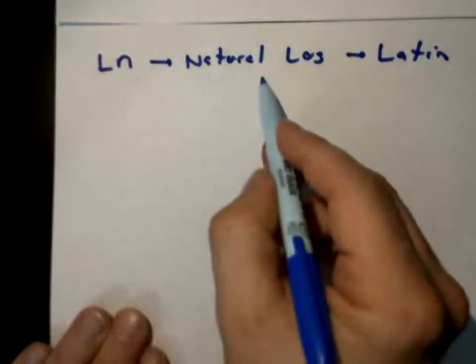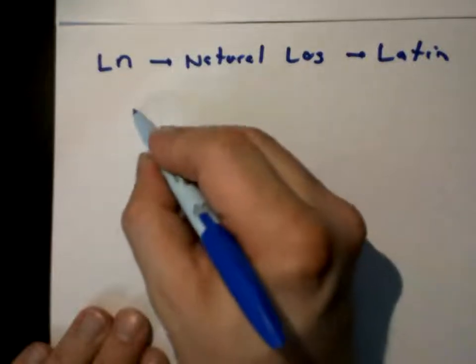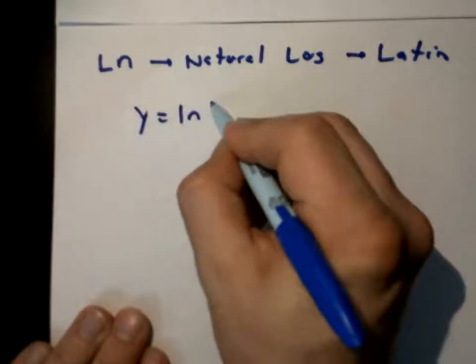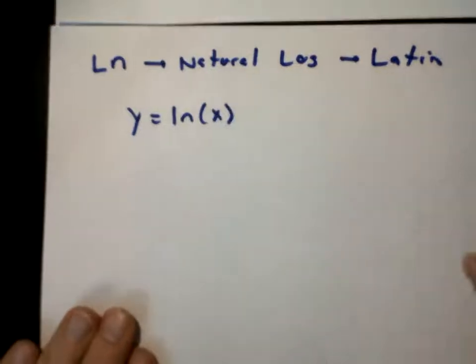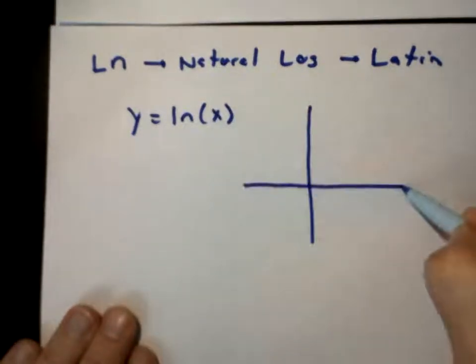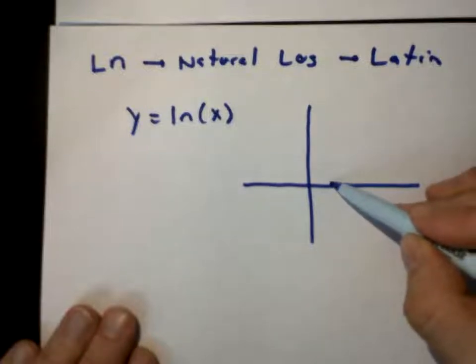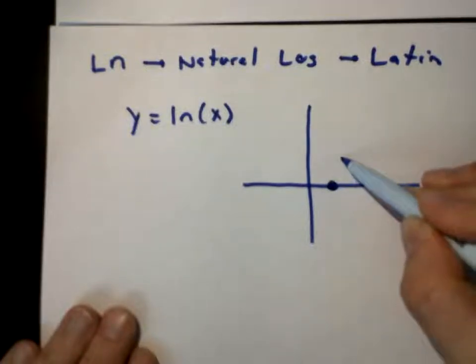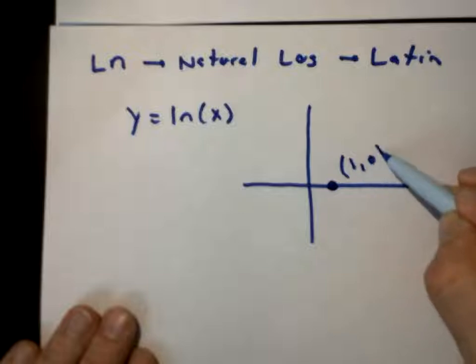So ln is another way of saying, okay, I have y equals ln of some x. Now, if you look at the graph of this, this looks like a logarithm. It's going to intersect at 1, 0.